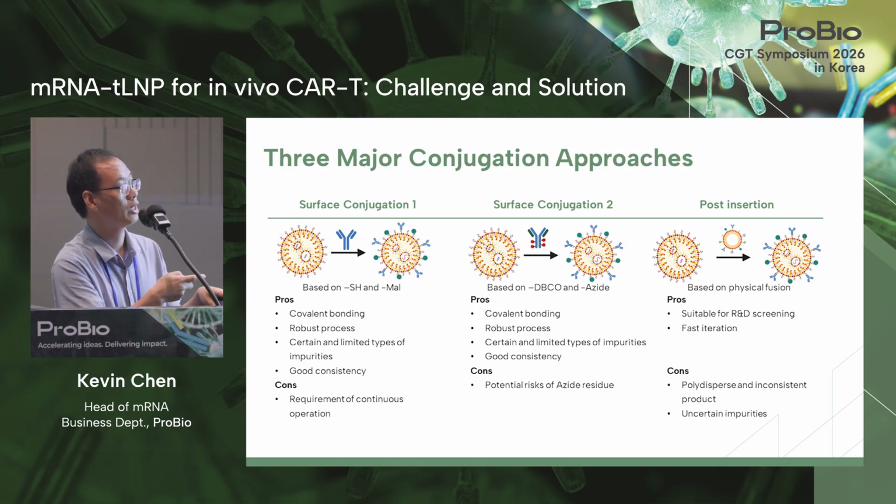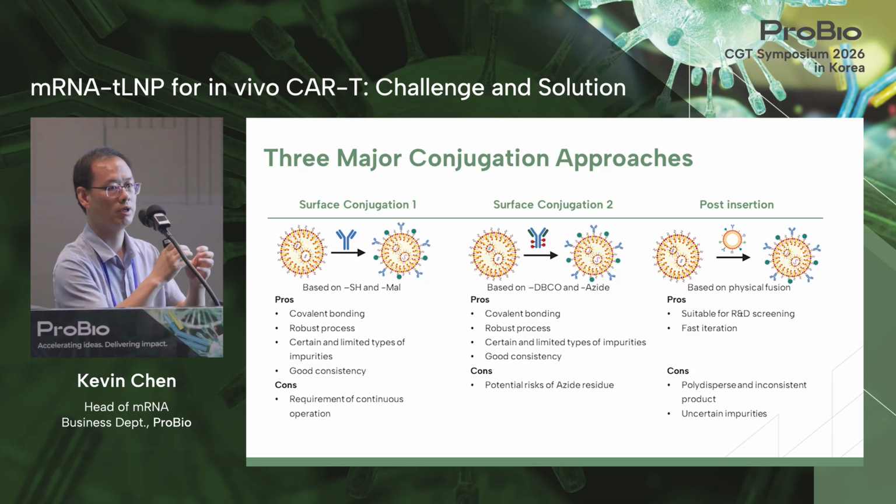For this strategy, we first conjugate the antibody to the maleimide-PEG lipid. In that way, it will form small nanoparticles. Meanwhile, we also generate a traditional lipid nanoparticle containing the mRNA payload and all the lipid components. Then we mix these two nanoparticles together.